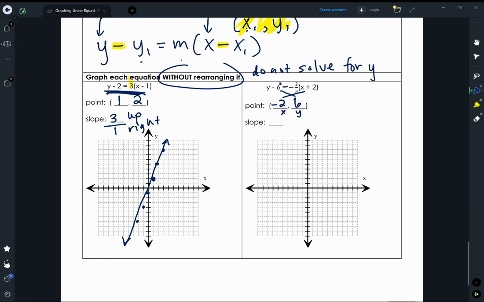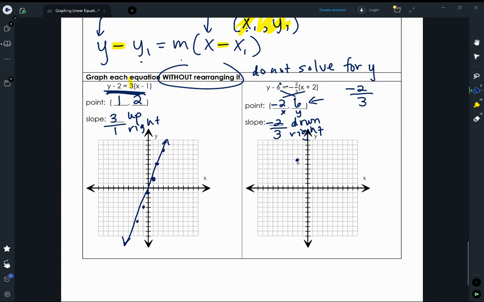Our slope here is a negative 2/3. So that could mean negative on the top or the bottom. I prefer to put it in the numerator. I think it's easier to visualize and graph. That means I'm going down 2 and 3 to the right. So first we're going to start off at negative 2, 6, because my point is negative 2, 6.